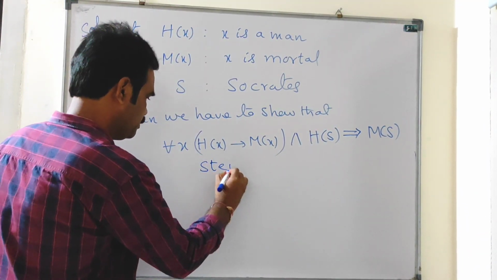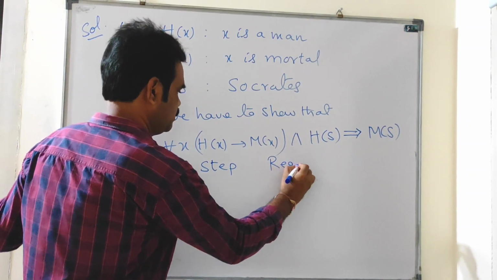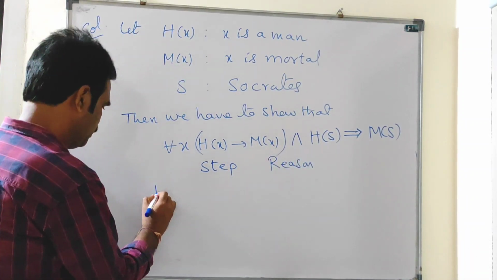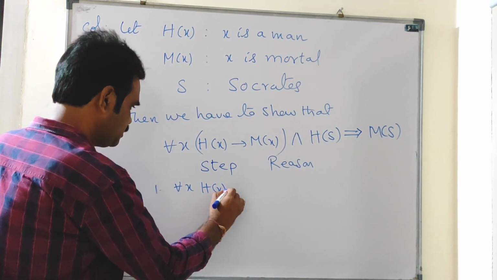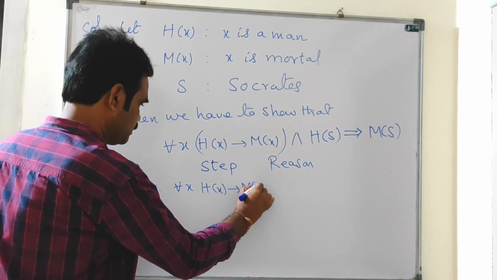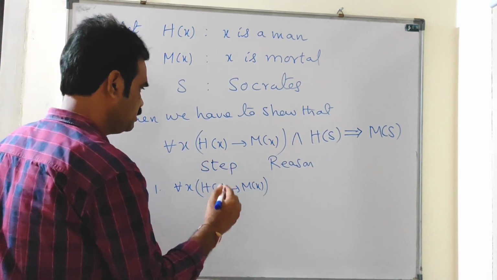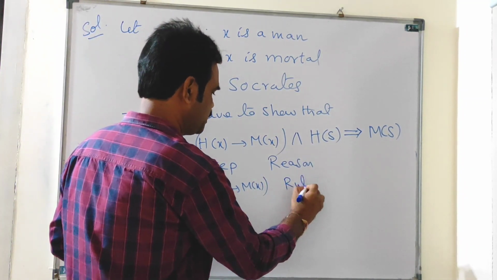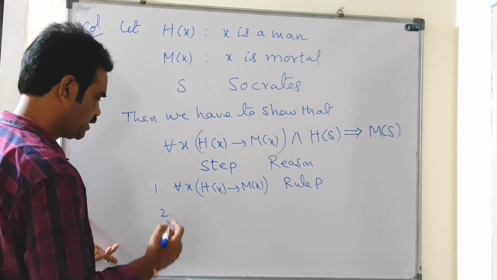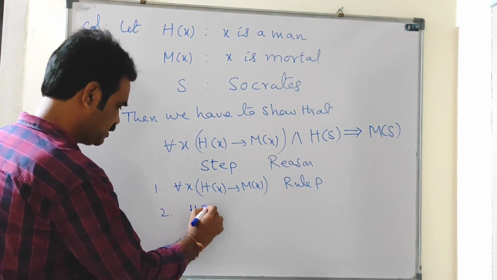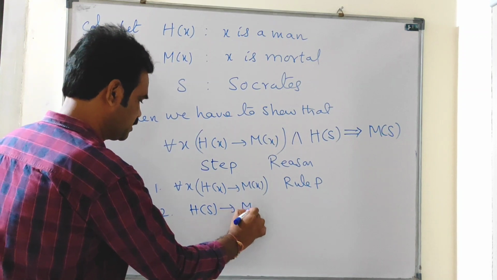Step, reason. Step 1. For all x, h of x implies m of x. This is rule P, since this is in the given premises. See the next step. H of s implies m of s.